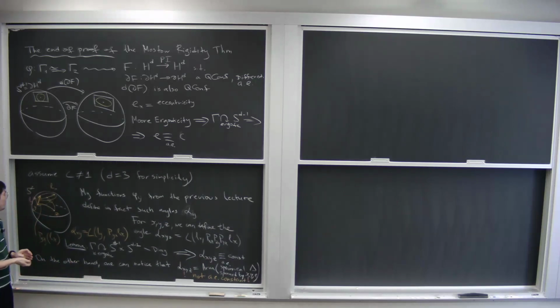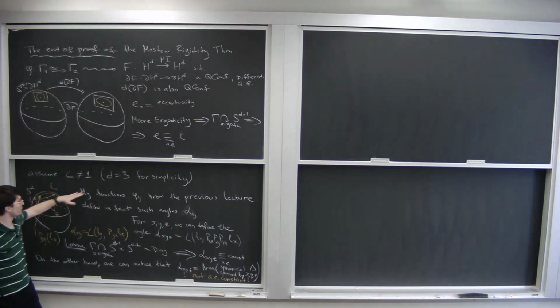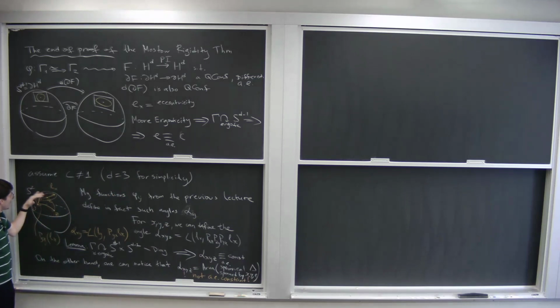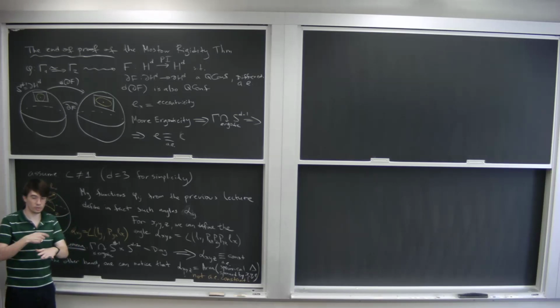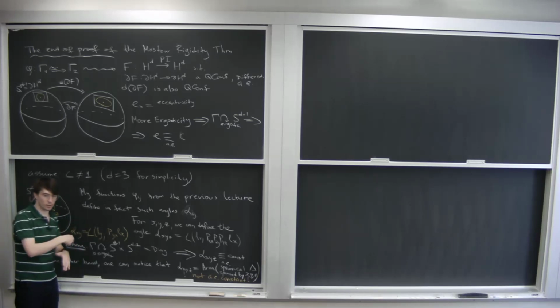So another way is to notice, I think that when D is greater, one can probably find a subsphere of dimension 2 and project. But probably this requires some work to show that you can always find a subsphere such that you can project and then apply this argument.